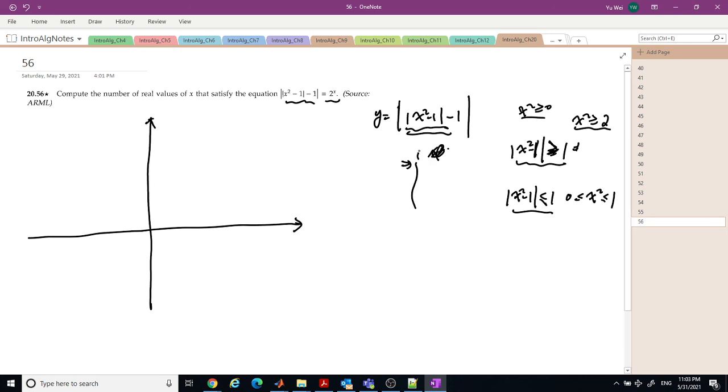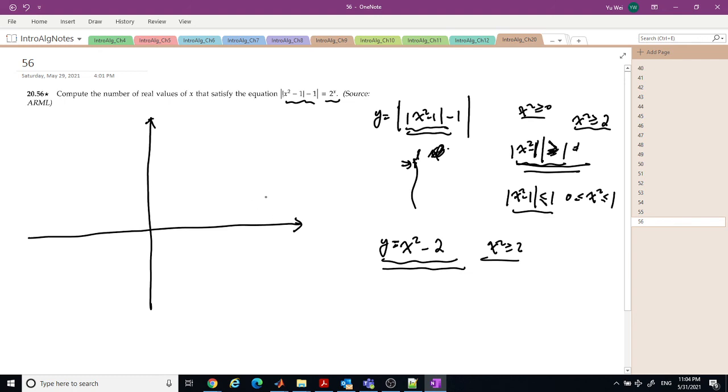Now let's see the first section. If x squared minus 1 is greater than 1, then the inner part is greater than 1, so we can see it's y equals x squared minus 2, because this part is greater than 1, so you can just directly take the absolute value away. Now we need x squared greater than or equal to 2, right?